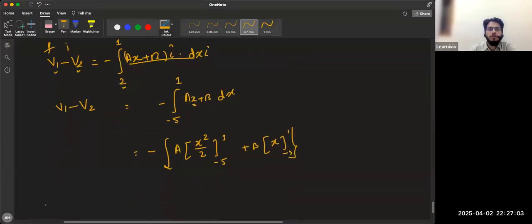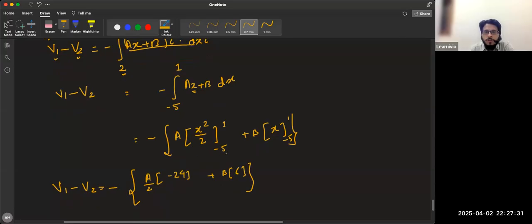So your V1 minus V2 is minus of a by 2, then if I substitute the limit, it's 1 square minus 5 square, so 1 minus 25, that's minus 24. Plus b, this is 1 minus minus 5, so it's 6.